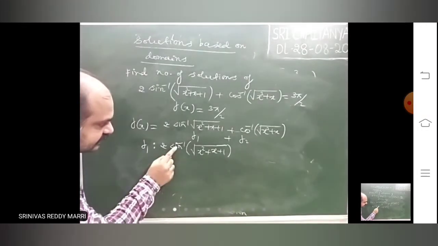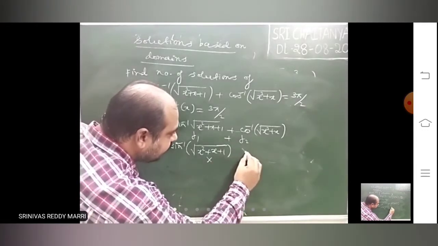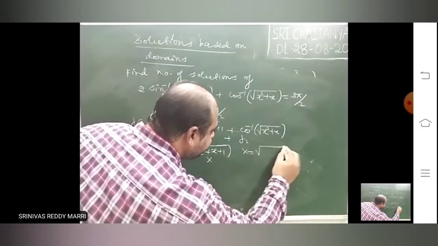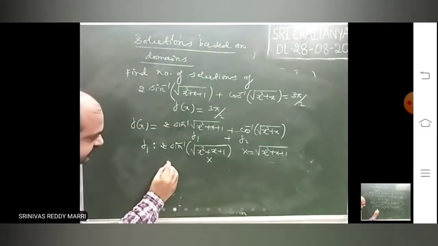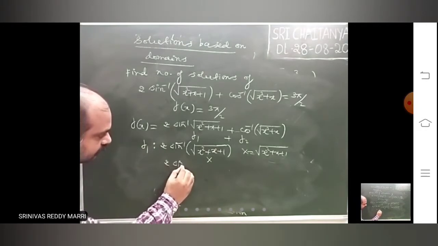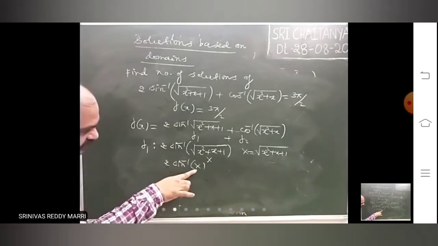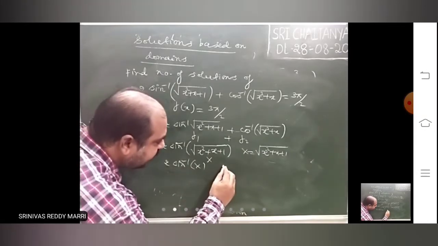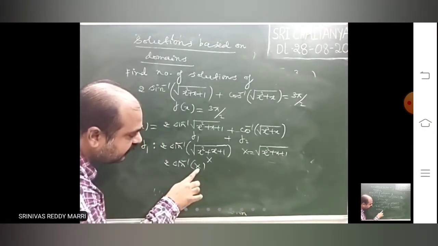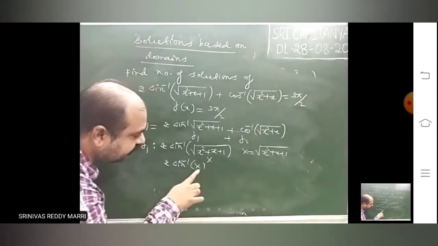For the domain of this sine inverse, inside one you take capital X. So let capital X equal root of x square plus x plus 1. That means this function will become sine inverse capital X. This sine inverse capital X will be defined only when capital X lies between minus 1 and 1. But capital X is already positive, it cannot be negative.